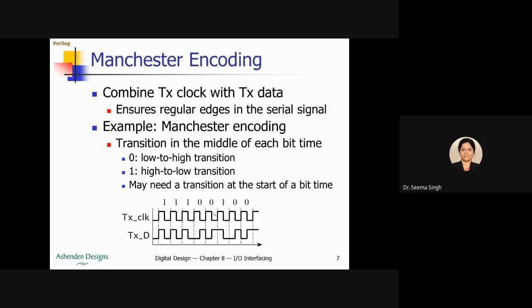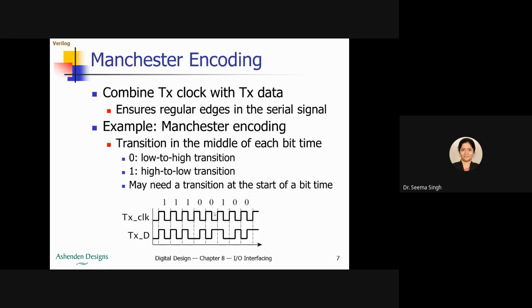As in NRZ transmission, Manchester coding also transmits each bit of data for a given interval. However, rather than representing each bit using one or the other logic level, it represents a zero with a transition from low to high in the middle of the bit interval, and a one with a transition from high to low. So you have to understand here that the bit is understood in a different way.